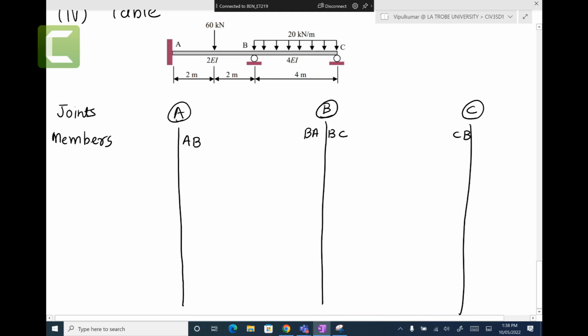I hope you don't have any issue writing those names. You have joint A, AB. Joint B, BA. Joint B, BC. And joint C, CB. Right? Look at the figure and you can frame it. Next.